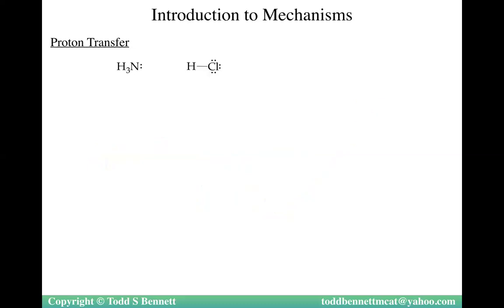Okay, so the lone pair donor, the Lewis base, attacks the Lewis acid, or the Bronsted-Lowry acid, the proton donor, or the electron pair acceptor, whichever way you want to look at it. Hydrogen cannot have two bonds. So when one comes in, one pair of electrons comes in, it is going to force the other electrons off.